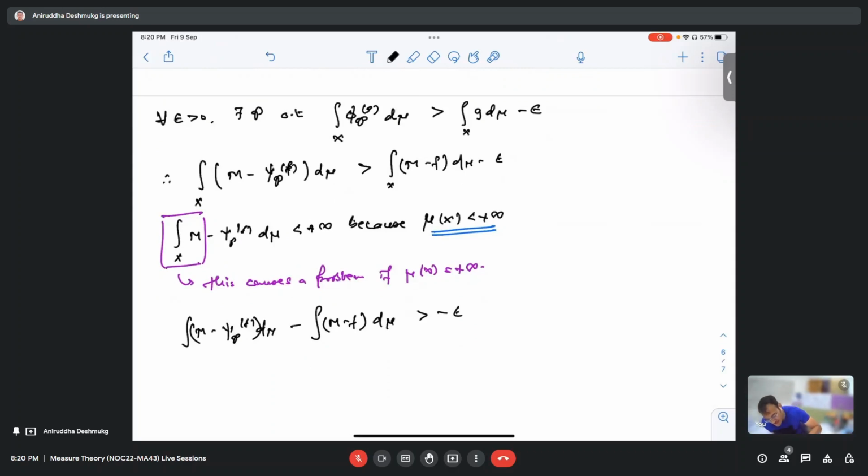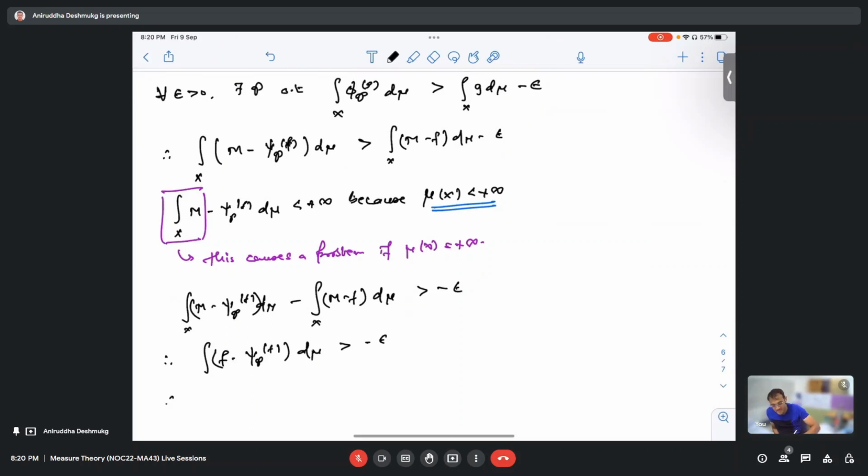But then due to linearity, the integral of f minus C_P f is bigger than minus epsilon. Or what is the same? The integral of C_P f d mu is less than the integral of f d mu plus epsilon.